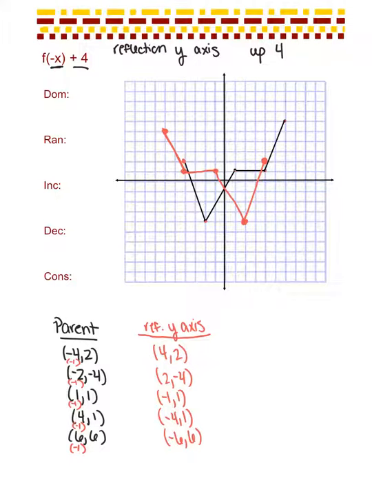So you can see these are all my points, but now they're going from right to left in order instead of left to right if I were to plot these. So then the next transformation is up 4. So now you're just taking all of these new points and you're moving up 4 units. And that'll give you your final graph.